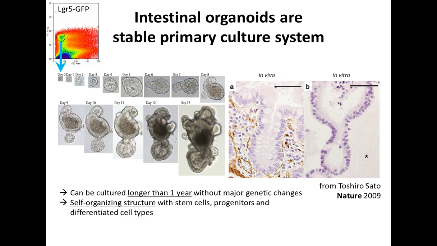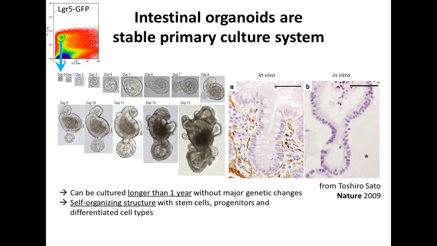And in addition to these 3 growth factors, he also found another very important ingredient, which is the extracellular matrix. So he took single stem cells isolated from the gut that express this nice LGR5 GFP, embedded them firstly in Matrigel extracellular matrix and gave a media containing EGF, Noggin, and R-spondin.